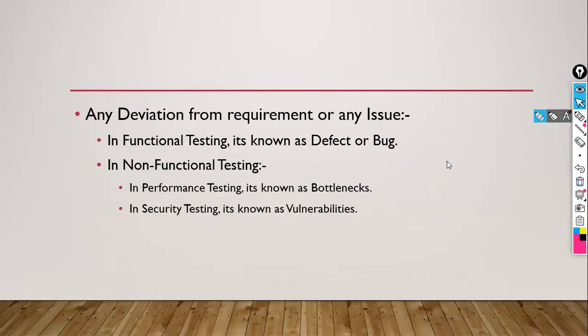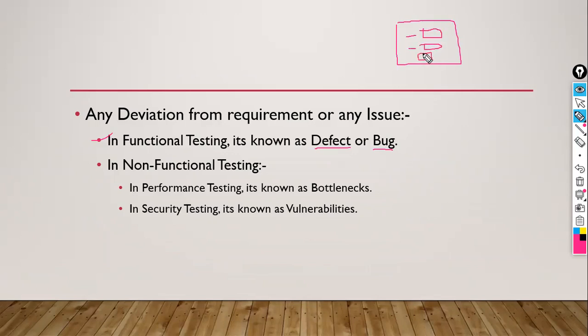Now coming to the last slide for today, right? Any deviation from the requirement or any issue in the requirement in functional testing, we call it a defect or bug. Let us say the login functionality, right? You have the username, as well as the password, along with the login button.